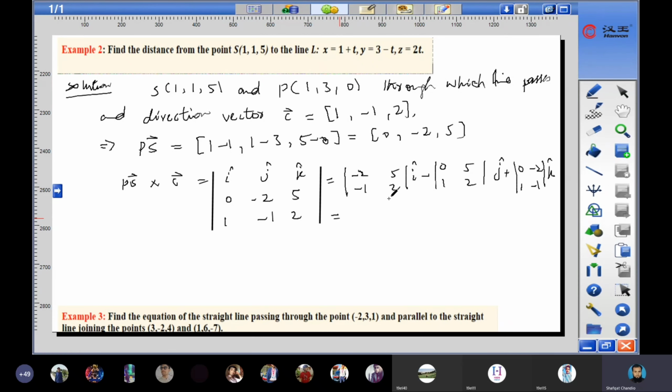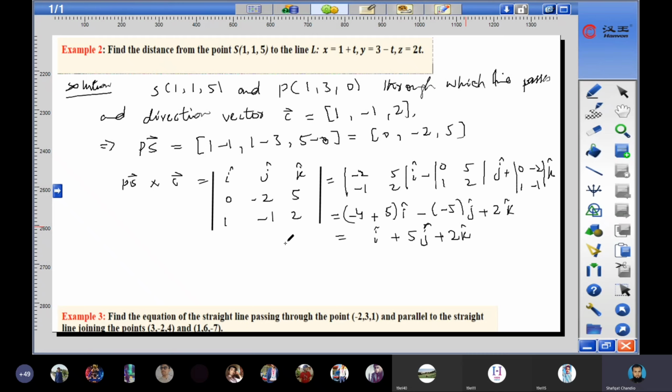Simplify them, you will get 4, negative 4, minus into minus plus 5 i, and then negative, and this will give you minus 5 j, and from here we have minus 2 minus plus 2 k. Simplify, you will get i plus 5j plus 2k. This is your vector.